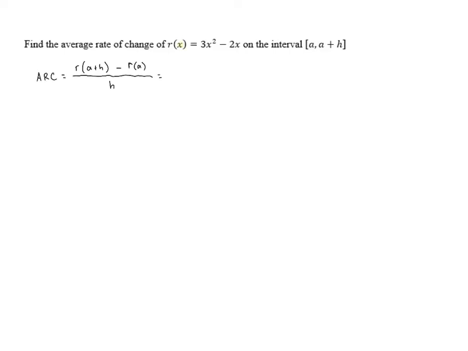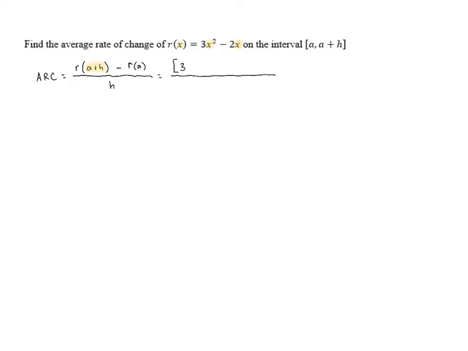And so now in our function, wherever we have an x, and there's two of them, we're going to replace it with a plus h. So let's go through and do that now.